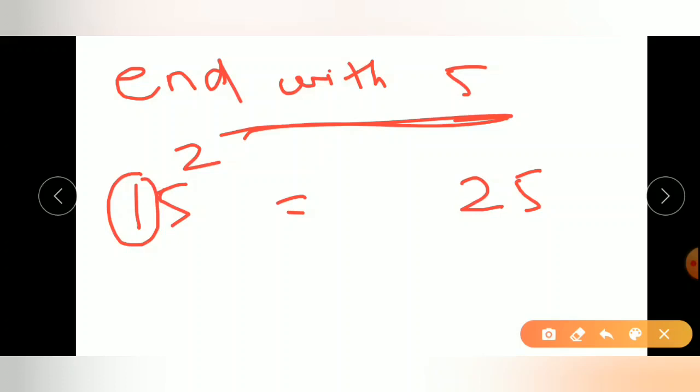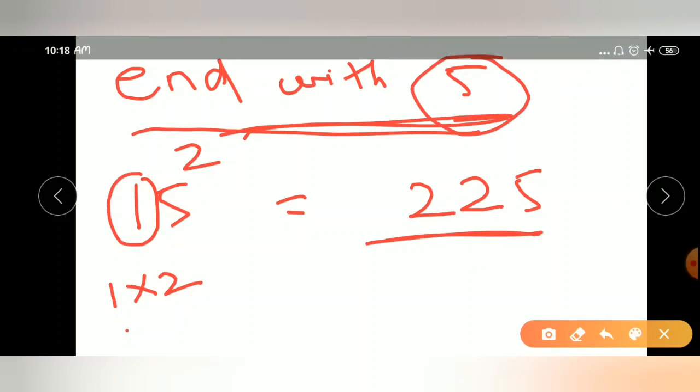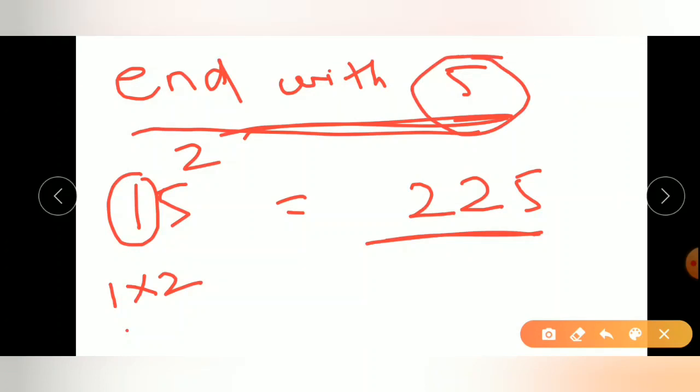If the number is 1, then go for the next number and multiply with that number. Next to 1 is 2, so multiply 1 and 2, we get 2. This is our answer. So when a number ends with 5, don't go for the other tricks. This is the finest trick for the numbers ending with 5. Let's start another number, which is 25.